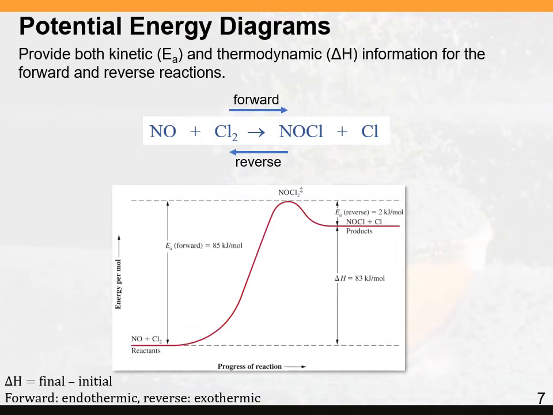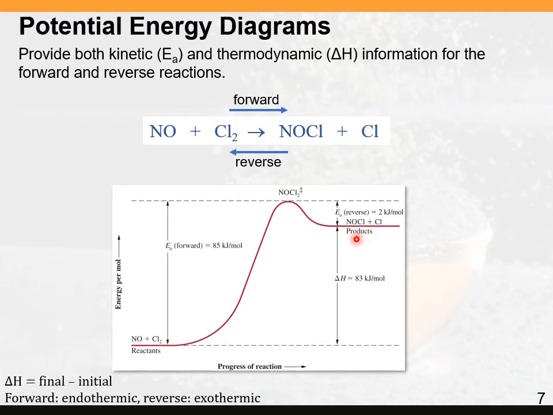A potential energy diagram shows both kinetic and thermodynamic information for both the forward and reverse reactions. Let's look at the forward reaction first. Nitrogen monoxide reacting with chlorine to form nitrosyl chloride and chlorine. The reactants are on the left-hand side, and the products are on the right-hand side.